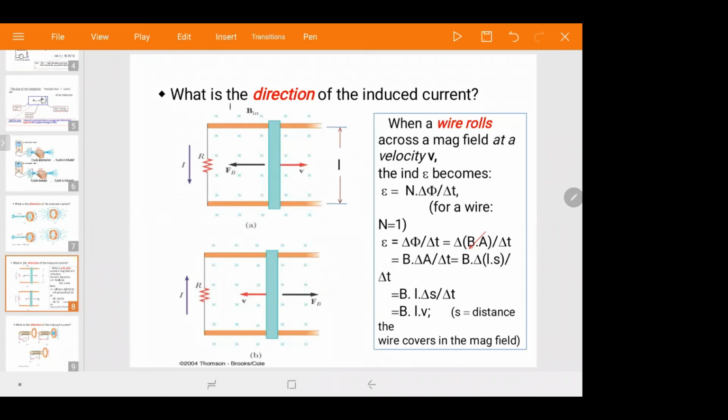Now, the interesting thing here is that the wire is rolling along two horizontal wires. So if it's rolling on a wire, there's a physical contact, and induced current can then flow.